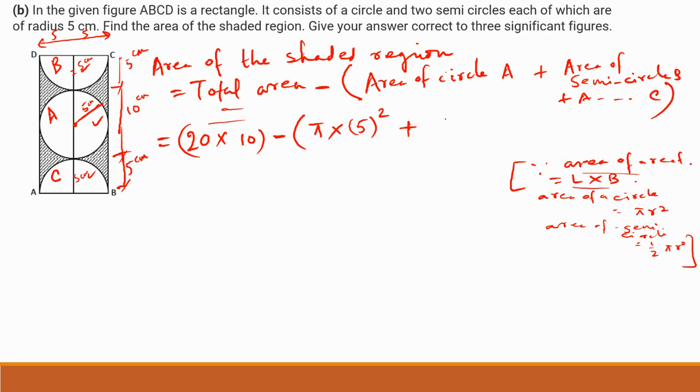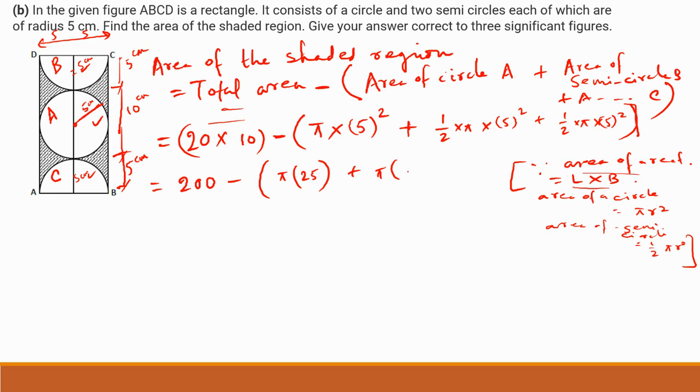So area of a semicircle B, it's half times pi. What is the radius? 5 square. Again, half times pi. What is the radius? 5 square. So this will give us 200 minus pi times 25, right? You see this half and half gets 1, so pi times 25 again. So pi times 25, okay.